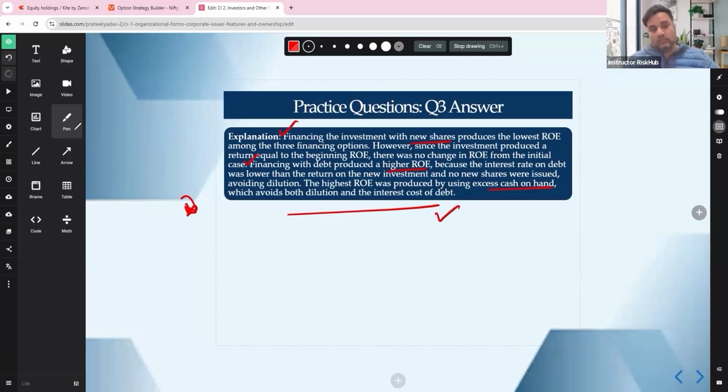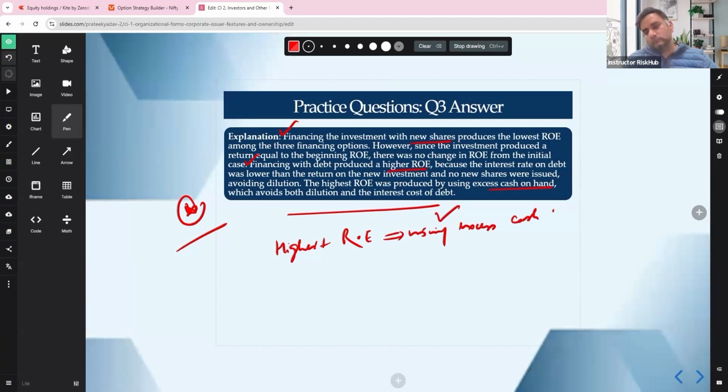Okay, remember this. Highest ROE using excess cash on hand. This answer is a little bit theoretical, so remember that, right?